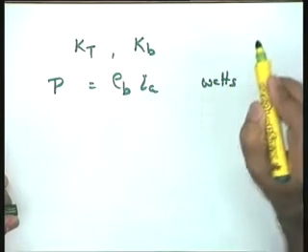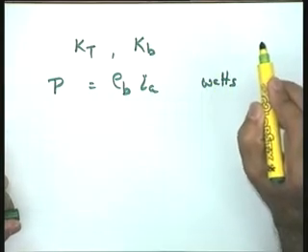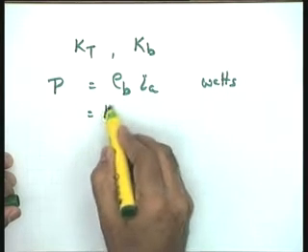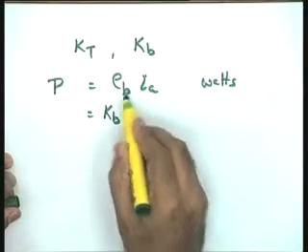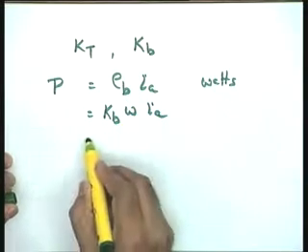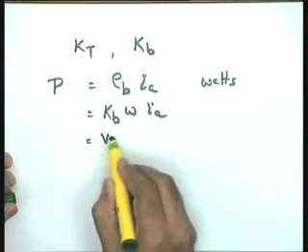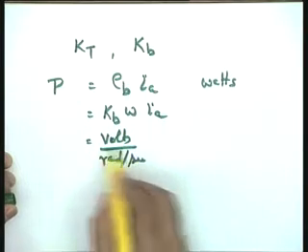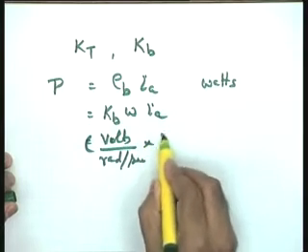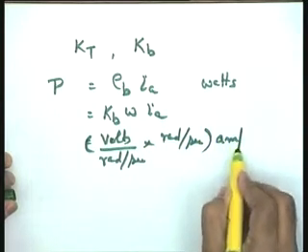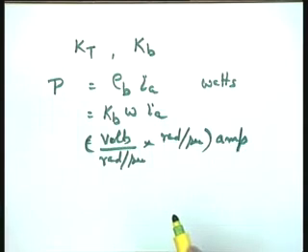This is the power developed in the machine, Eb is the back EMF and Ia is the armature current. Now, let us look at the units. This I can write as Kb omega into Ia. What is Kb? Kb is volts per radian per second into radian per second into amps. Well, the unit is watts.